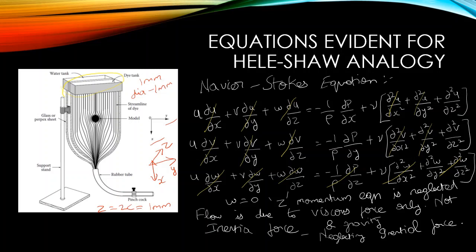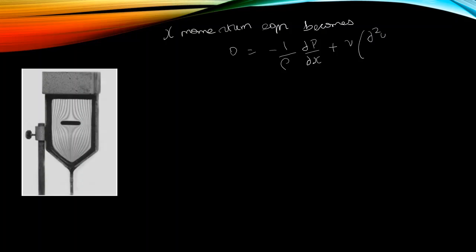So what are your x momentum equation and y momentum equation? Let us write. My x momentum equation becomes, on the left hand side all the terms are 0, and on the right hand side we have only the term minus 1 by rho times dou p by dou x, plus the kinematic viscosity times dou square u by dou z square.